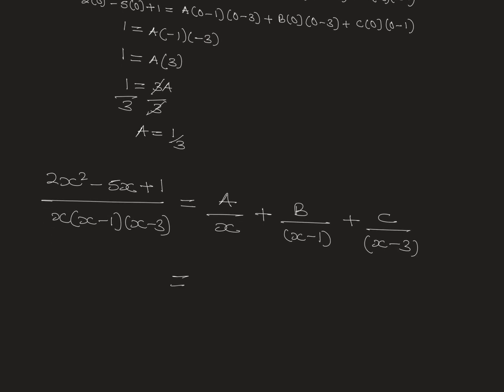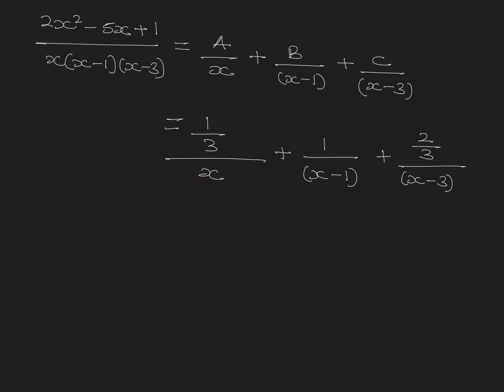So that is going to be, what is a? A is 1 over 3 all over x plus b is 1. That will be 1 all over x minus 1 plus c is 2 over 3, then all over x minus 3.